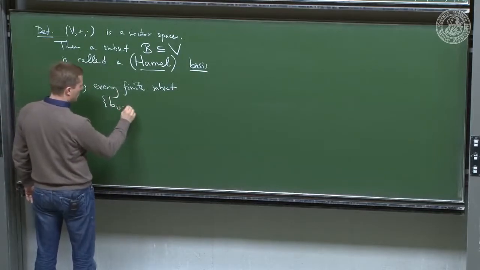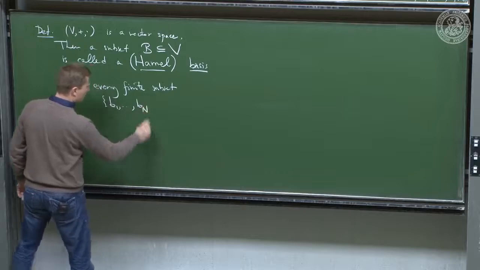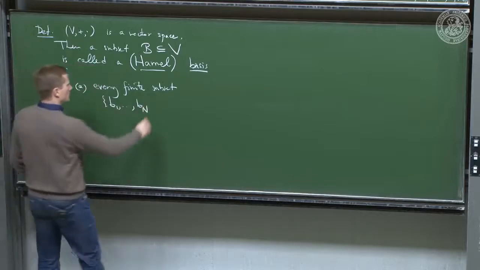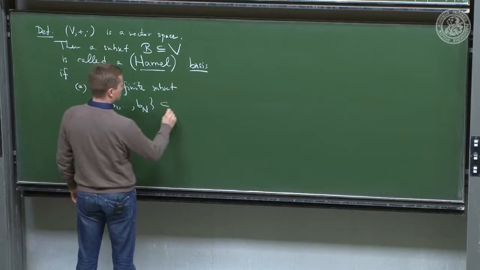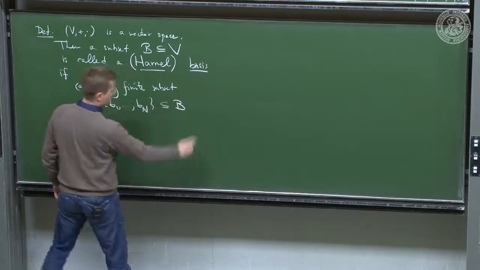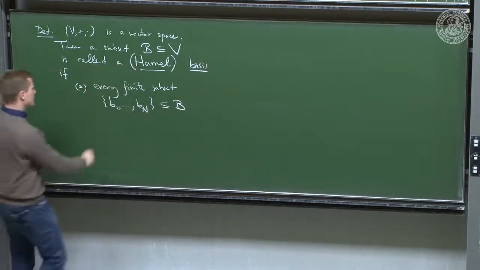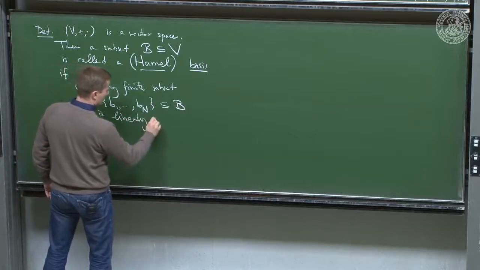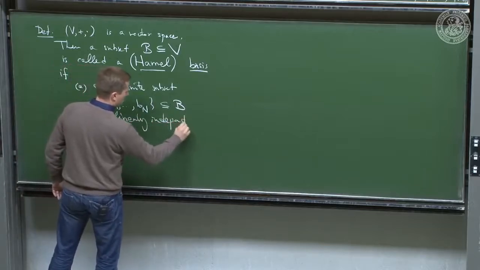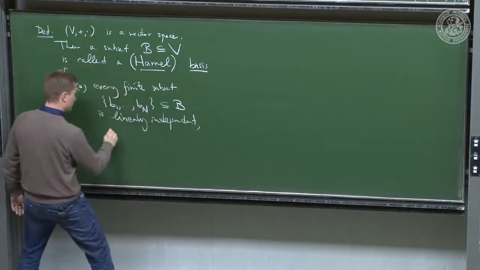We call them B1 to B capital N, natural number. Any finite subset of B is linearly independent, and you know what that means.